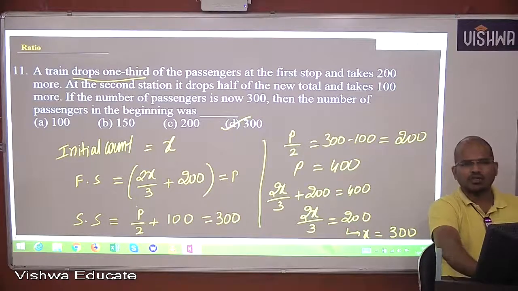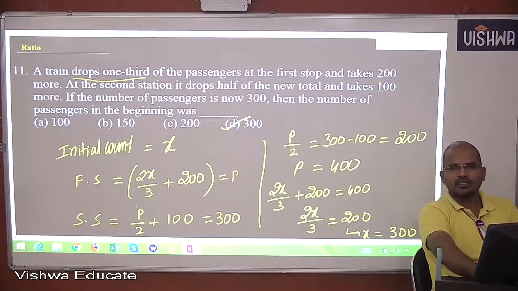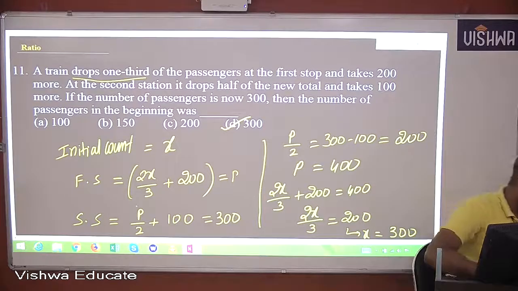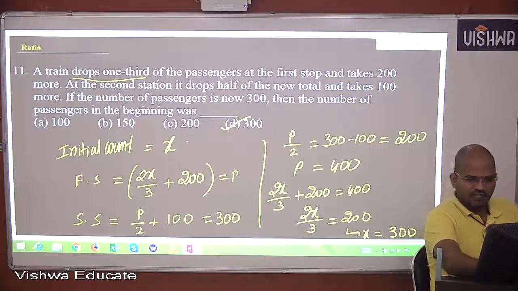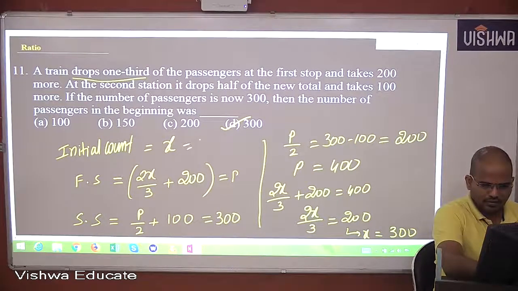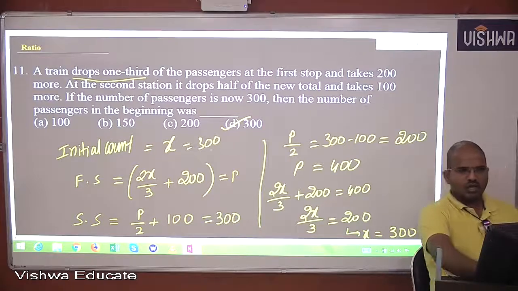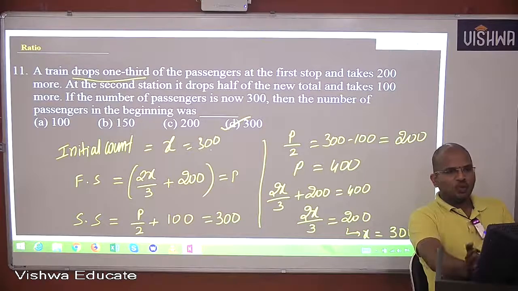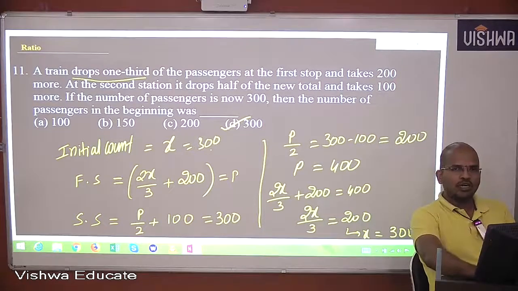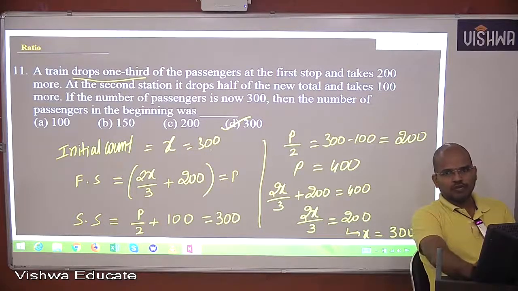Let us cross check it. If the initial count is 300, in the first stop one-third are dropped. One-third of 300 is 100. 100 are dropped, 200 remain, and another 200 are taken inside. So 200 plus 200 is 400, isn't it?